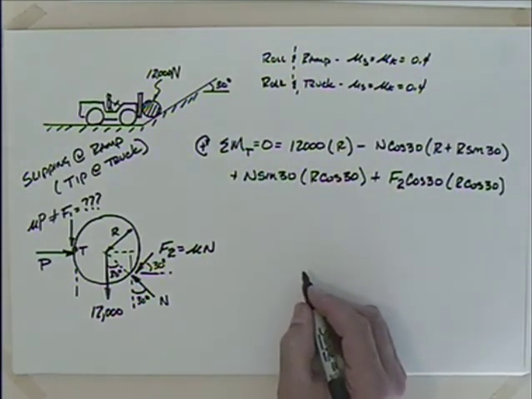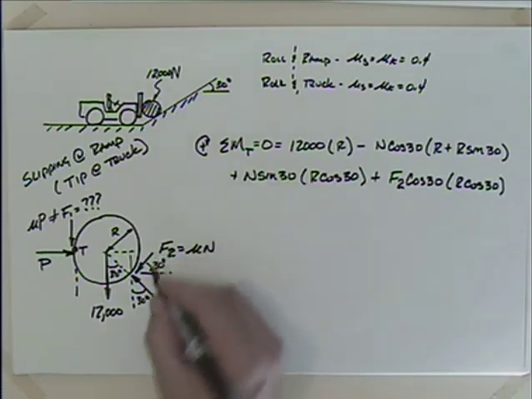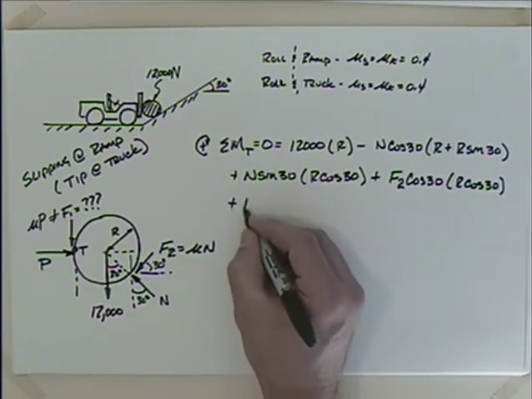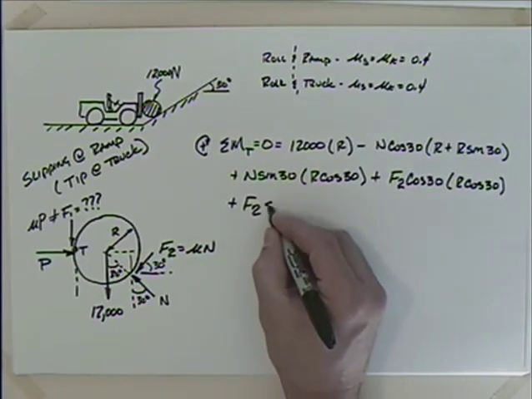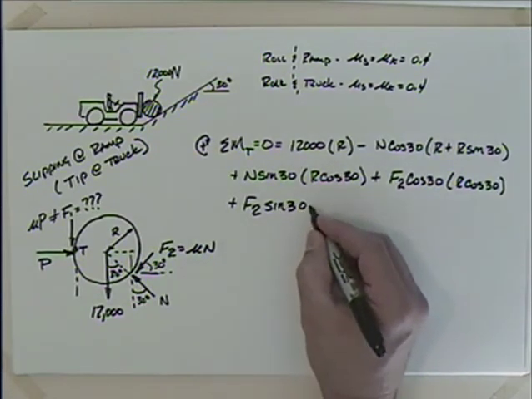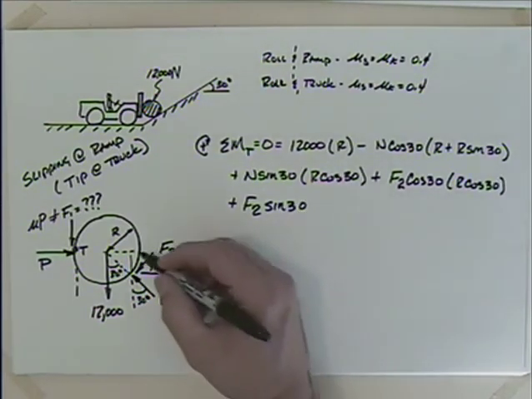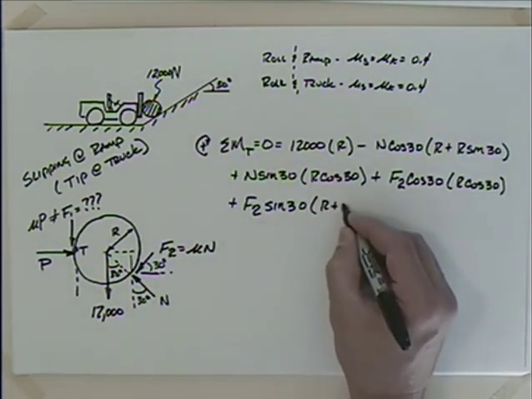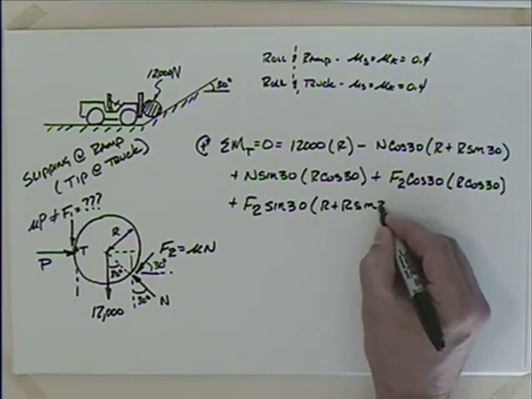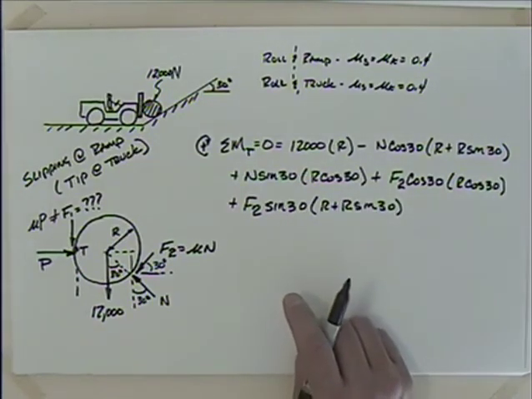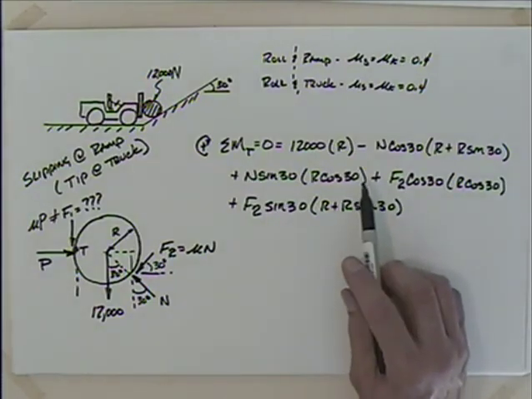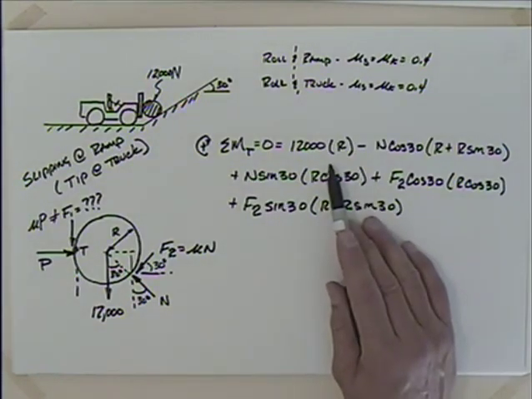And then I have to also add, yeah, that's positive, and the vertical is positive, so positive F2 times the sine of 30, F2 sine 30, and that's acting through that total distance there, again R plus R sine 30. Okay, well, it looks like a fairly ugly equation. Let me double check that, make sure that we're right before I try and make it better.